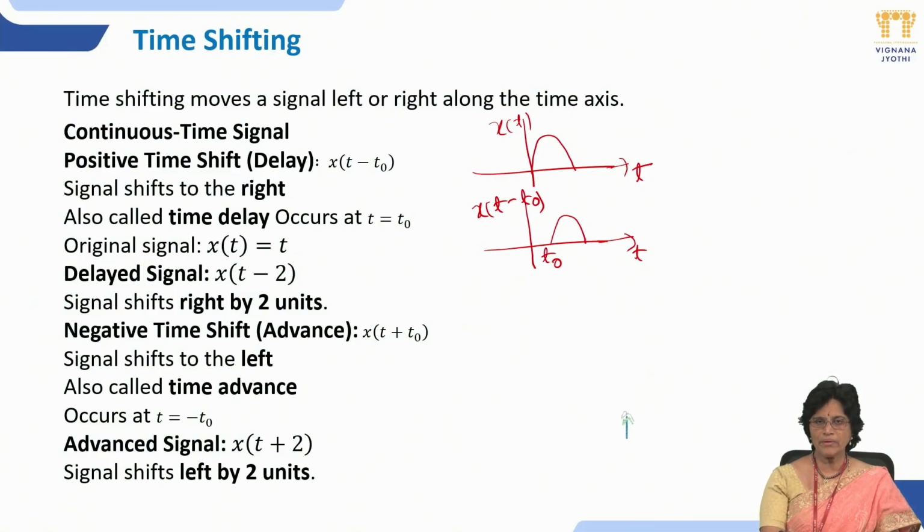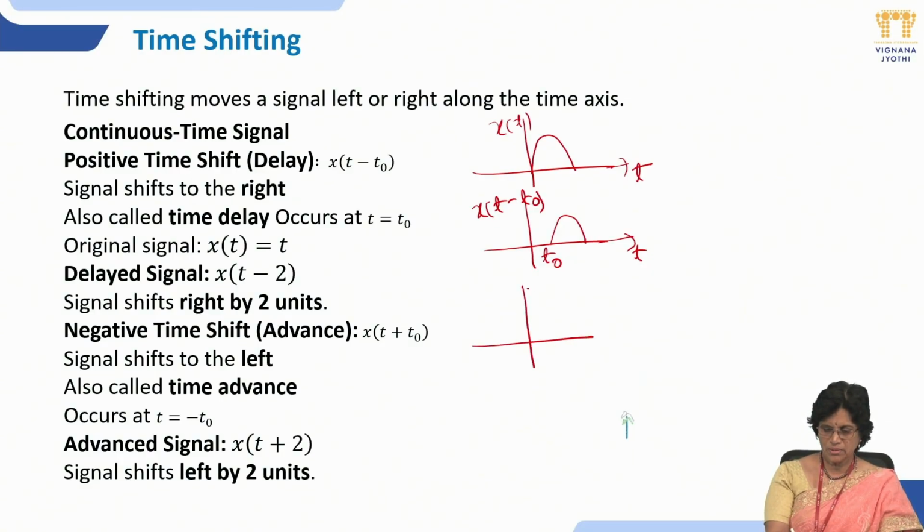For example, you have x of t. Suppose you want x of t minus 2: the entire signal, instead of starting at 0, starts from 2. That is delay. Always delay is shifting towards the right. Next one is advance. Advance is a negative time shift. Previously I had x of t, now I want x of t plus t naught.